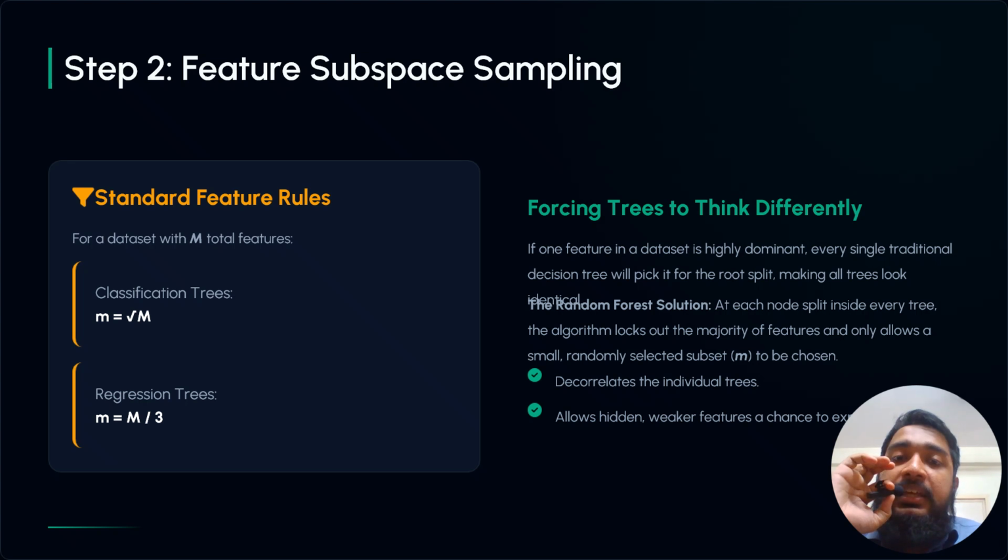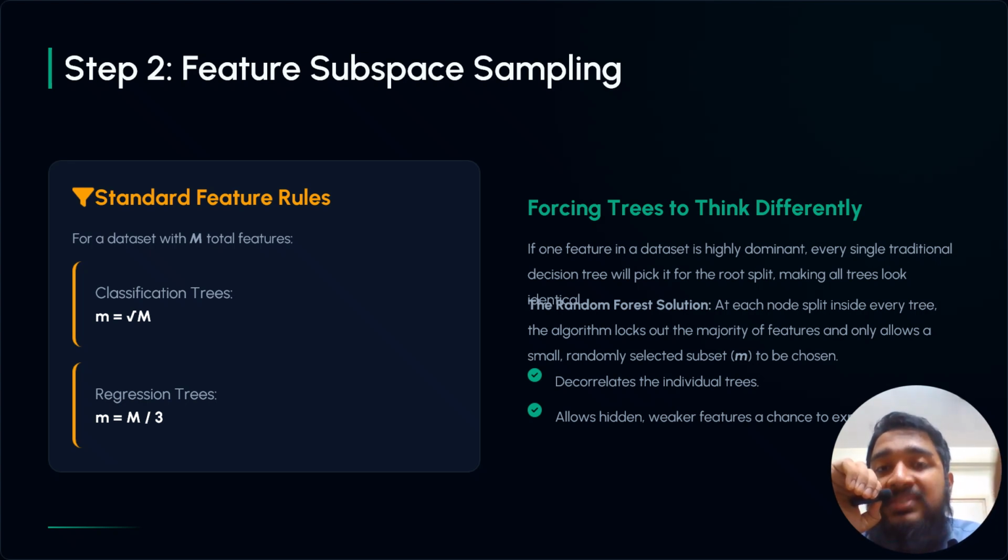Subspace sampling is where the real magic begins. It forces the trees to think differently. If one feature in a dataset is highly dominant, the trees will for sure pick that feature. So what will happen here is that every single decision tree will look identical. What happens in feature subspace sampling is that in each node, the majority of the features are locked out.